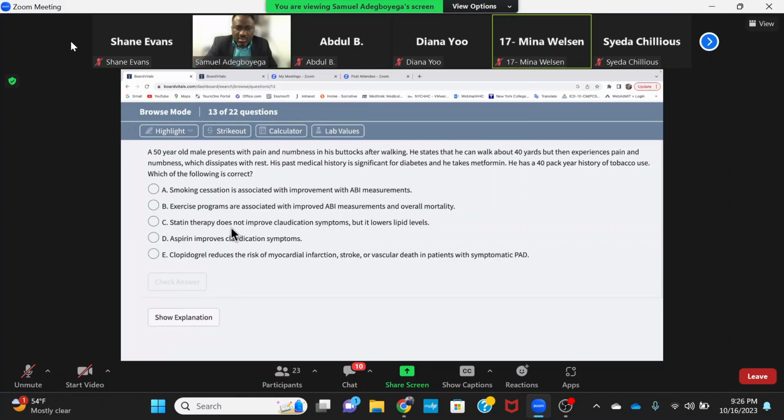Nope, because statin will improve claudication, right? Remember? Aspirin improves claudication. I'll be upset if you get this one wrong. False. Aspirin will improve claudication. True. Clopidogrel is better than aspirin in improving claudication. That's right. So E. Does that make sense?